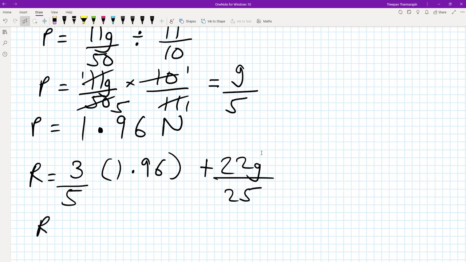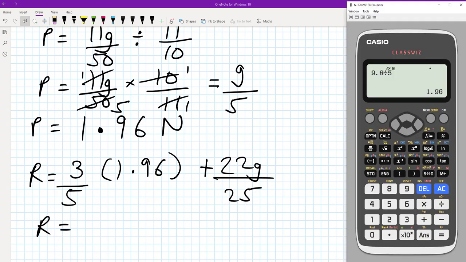Type that straight into our calculator. 3 over 5 times 1.96 plus 22 times 9.8 over 25, and that will give me 9.8 newtons.